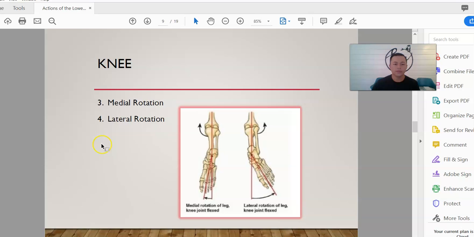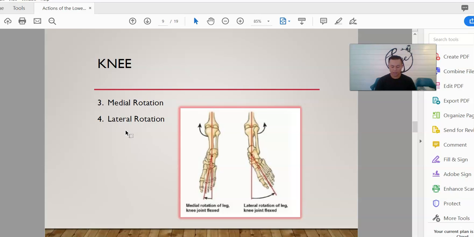You also have medial and lateral rotation. If you're in a seat right now, I want you to put your hands under your thighs and let your heels and feet hover above the ground. We're going to do medial rotation.